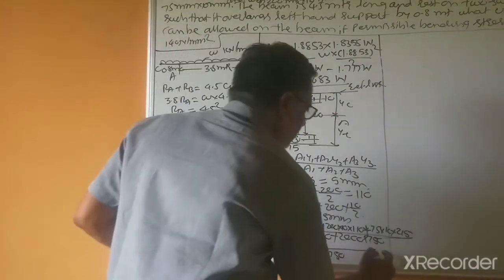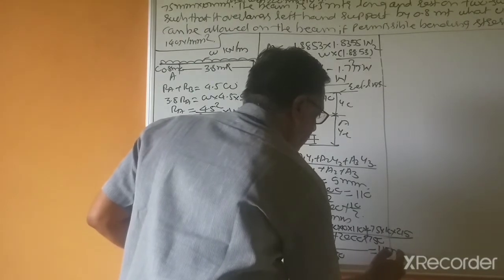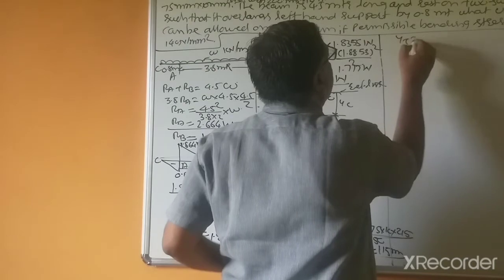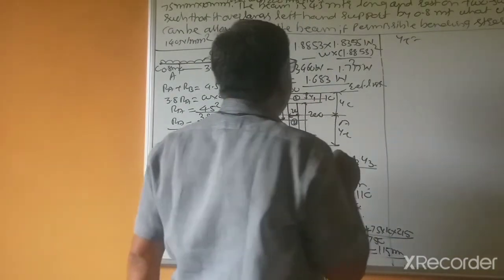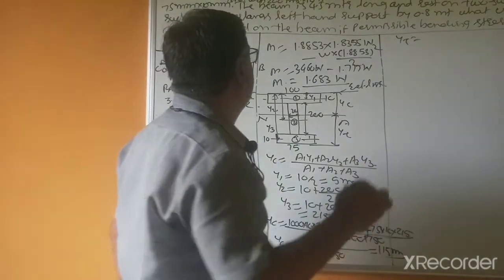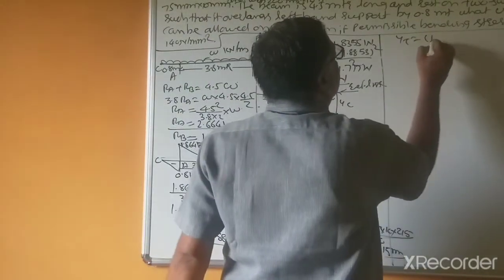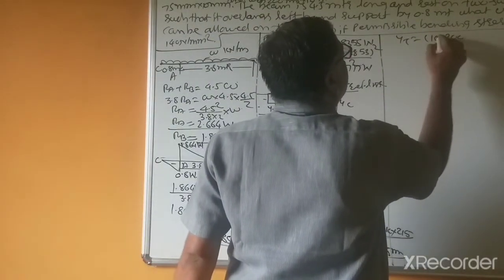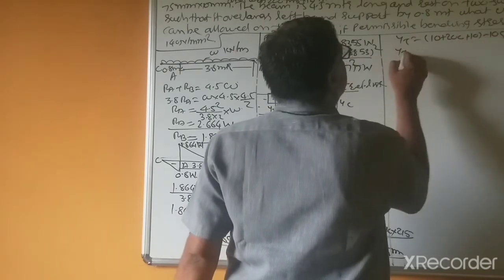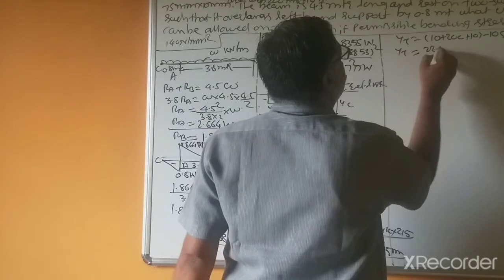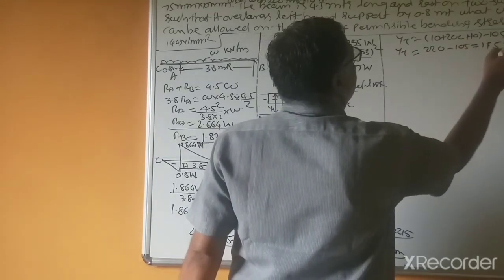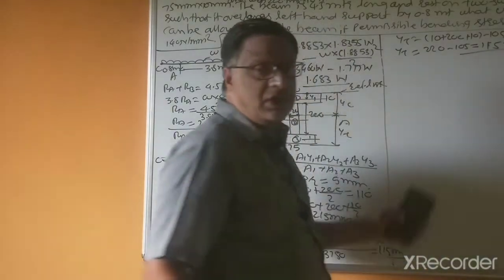So this is equal to 105. yt equal to total how much? This is 10 plus 200 plus 10, so 220. So yt equal to 220 minus 105. This is equal to 115 mm.